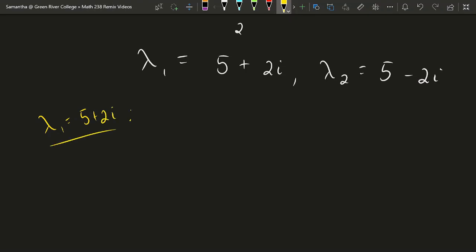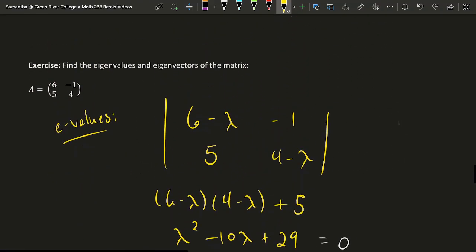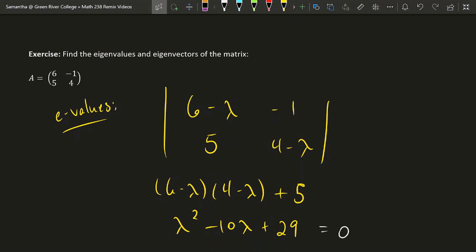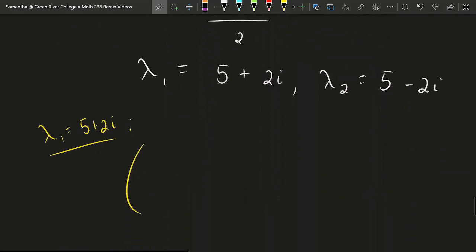So I'm going to start by finding the eigenvector corresponding to lambda 1. So I'm going to go into my matrix A, and I'm going to subtract this value of lambda from the diagonal entries. So 6 minus lambda is now 6 minus the quantity 5 plus 2i.